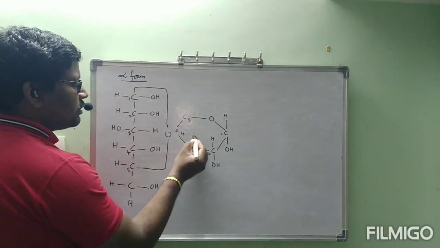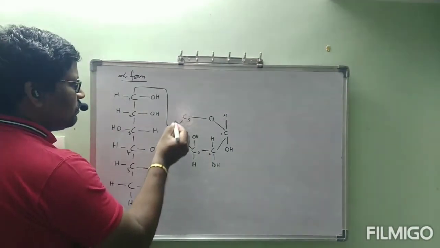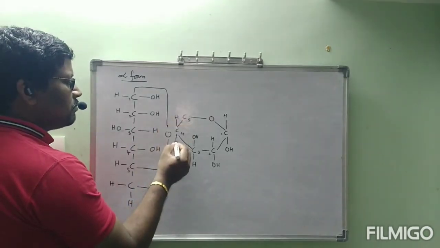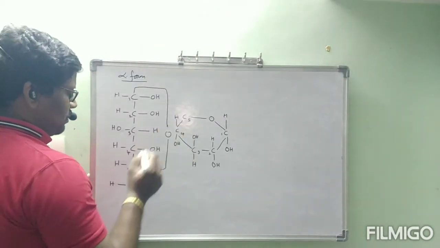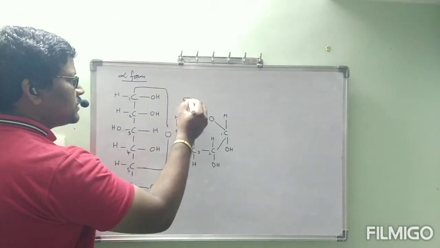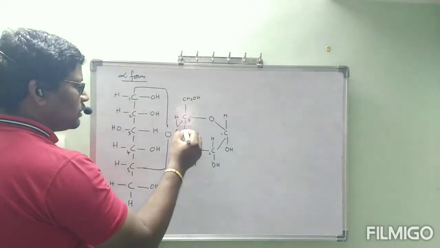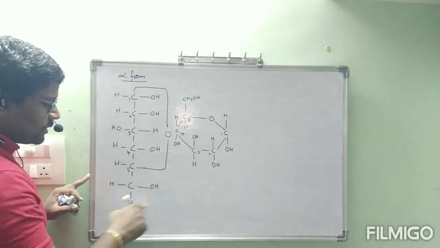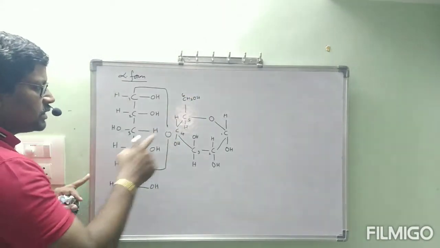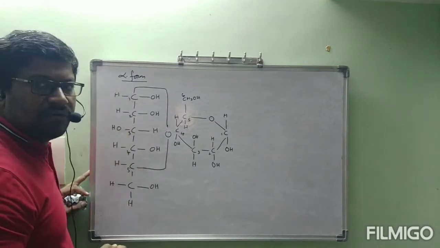Third carbon, above OH, below H. Fourth carbon, above H, below OH. For the fifth carbon alone, what did I say? We have to write CH2OH above, the complete CH2OH, the sixth carbon, and H here, this one is below. Okay, this is the Haworth representation of the alpha form.